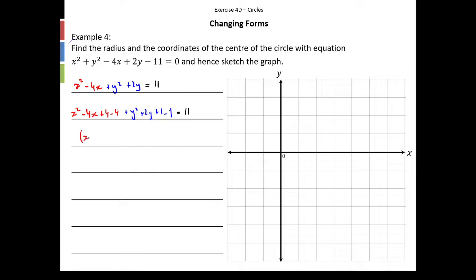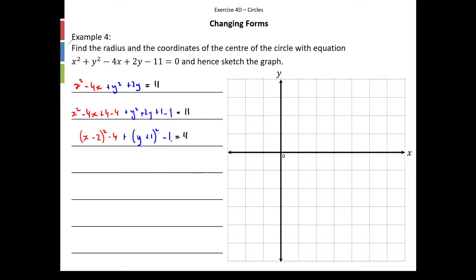Okay, now I'm going to start factorizing this, completing the square, so we get x minus 2 all squared, okay, and then we have minus 4 in the end, plus y plus 1 all squared, and minus 1 equals 11.